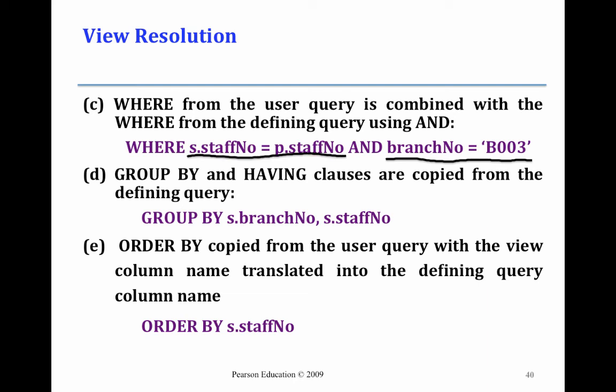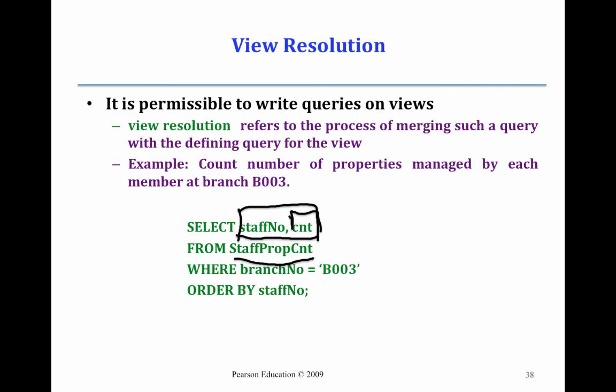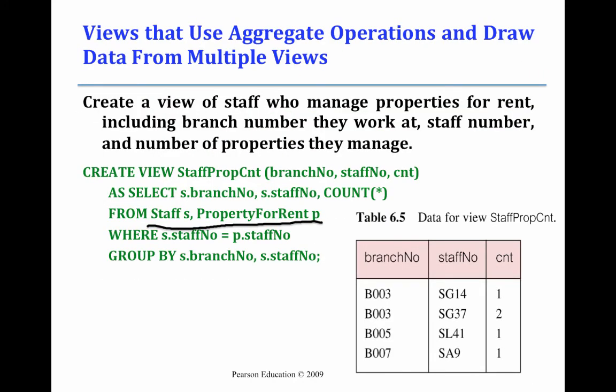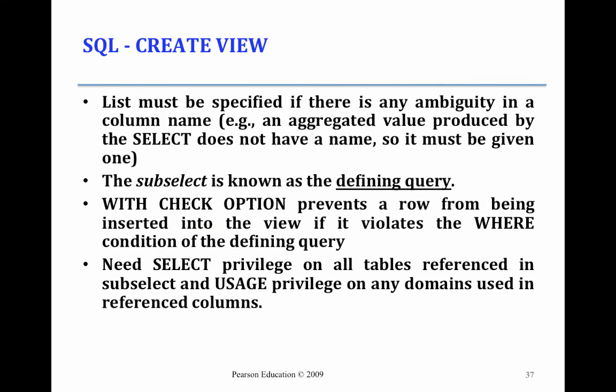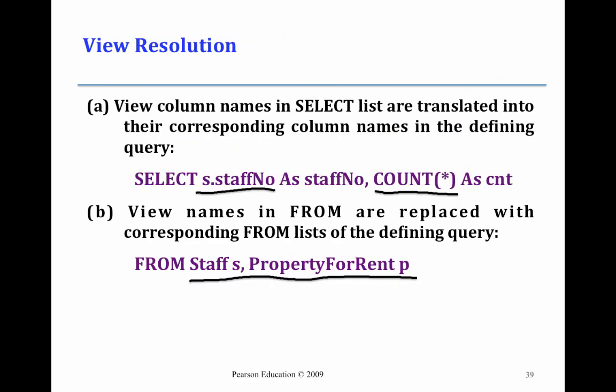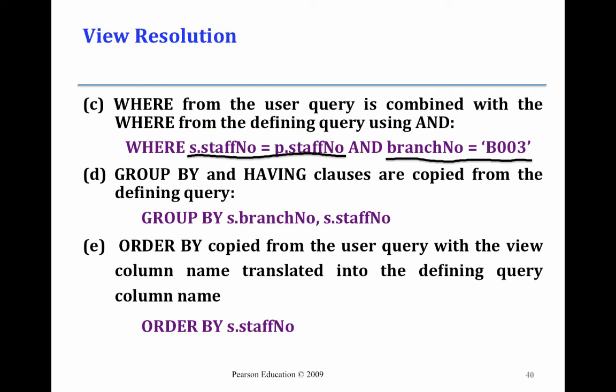If we go back again to the defining query, this was the where predicate for that view. It was a join that joined the staff with the property for rent. So what we do is we simply take the where clause from the user query, combine that with the where clause from the defining query, and put an and between the two. So this is the where predicate right here, that's from the defining query.